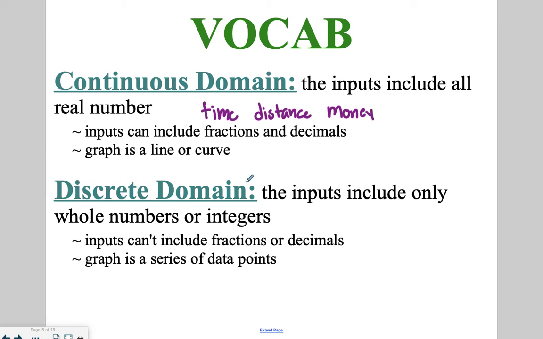A discrete domain is where the inputs are only whole numbers or integers. So they're either positive or negative, and then the numbers on the number line. So no fractions, no decimals. These are graphed as a series of data points. They are not connected. So for example, something that might be a discrete domain is people.